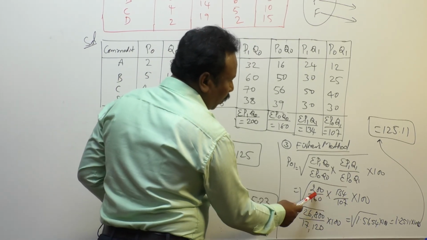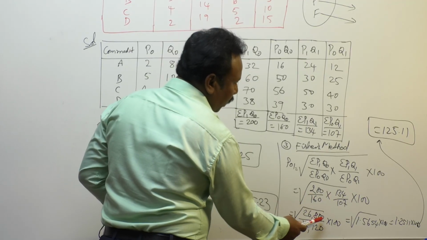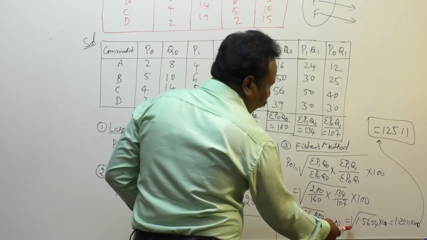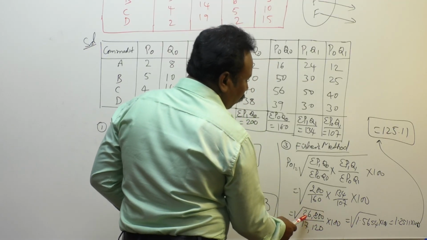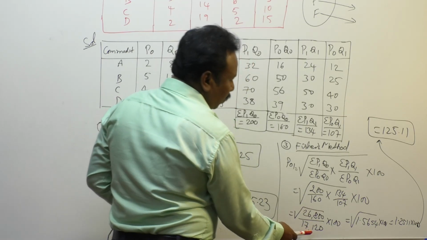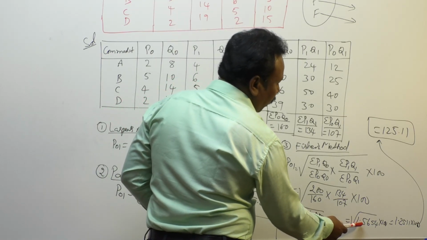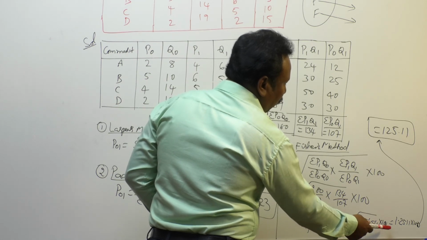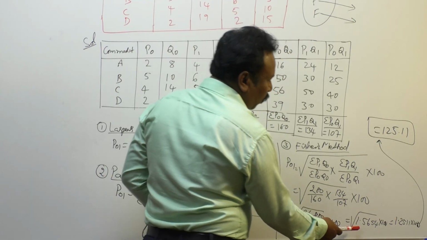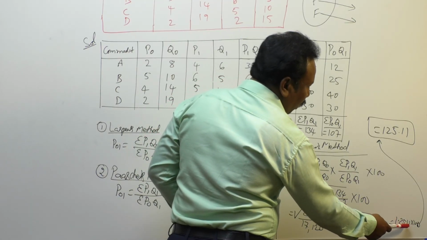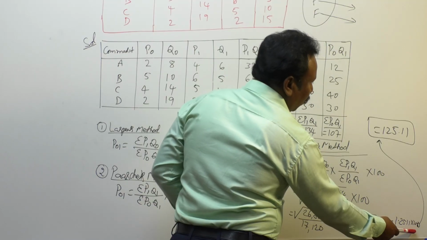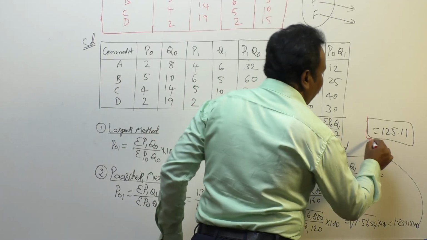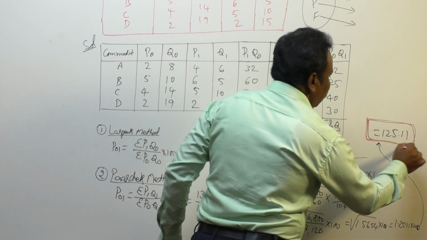Square root of the multiplication of these two, 26,800 divided by 17,120, comes to 1.5654. The square root of this is 1.2511, and multiplied by 100 we get 125.11. So that is the Fisher index method.